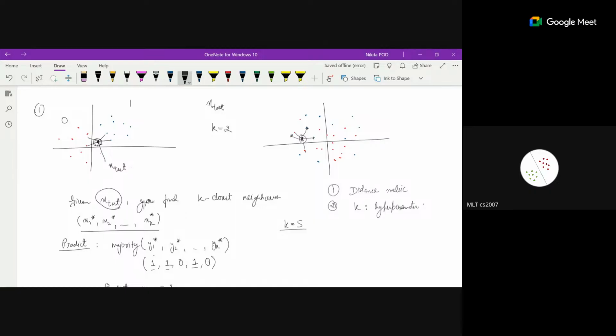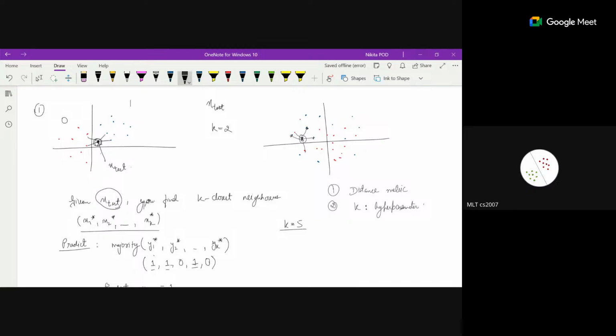So hyperparameter means you're passing this K into the algorithm. Your algorithm only says that you have a bunch of data points with you, and if you have to predict the label for a particular point, you look at the majority vote depending on what K you have decided, and then predict the label.